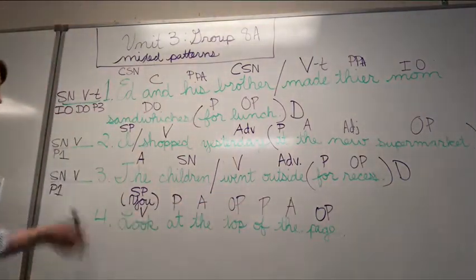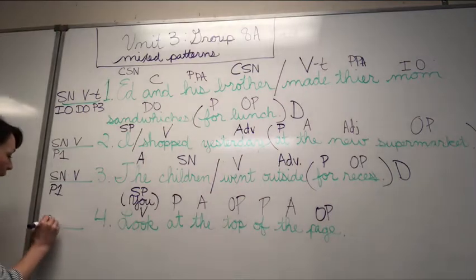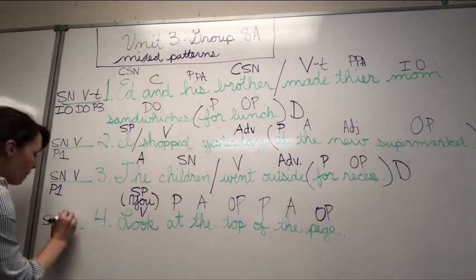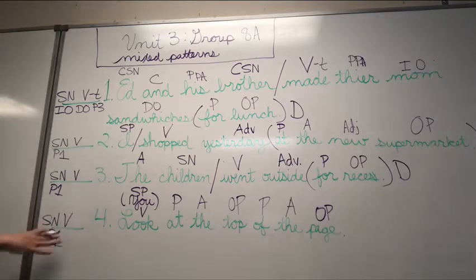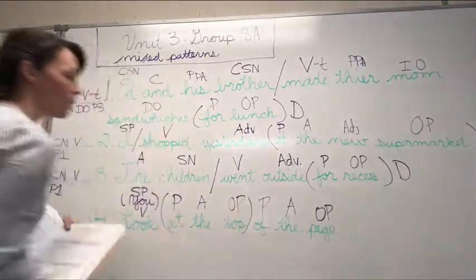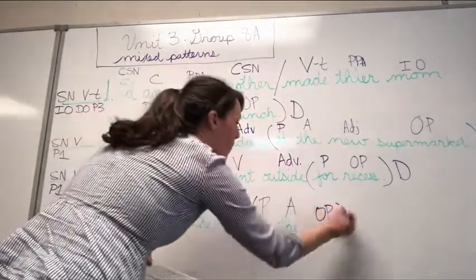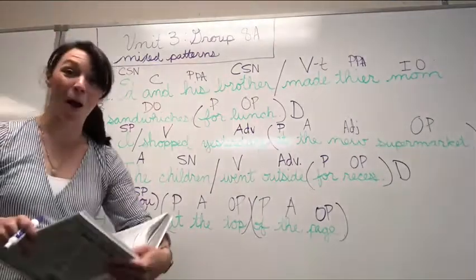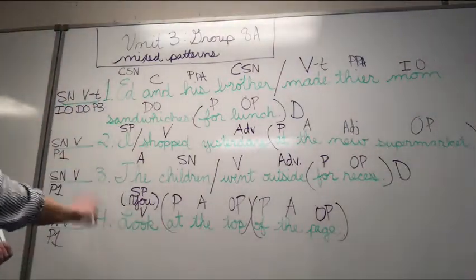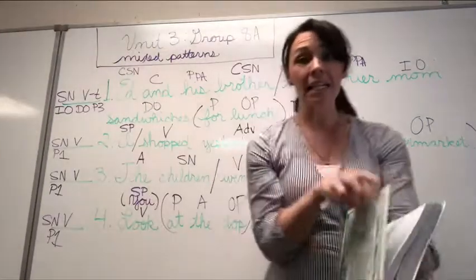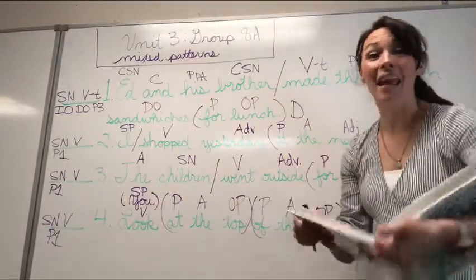All right, so we've got a subject, noun, verb, pattern 1 sentence again. Check. At the top, preposition. Of the page, prepositional phrase. Here's what I was just talking about not being robots. Let's look at this. Look at the top of the page. Period. This is not a declarative sentence, but this is an imperative, right?